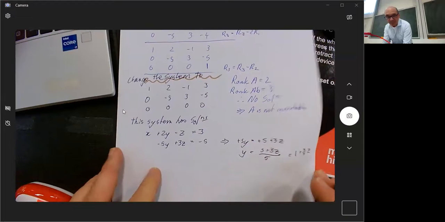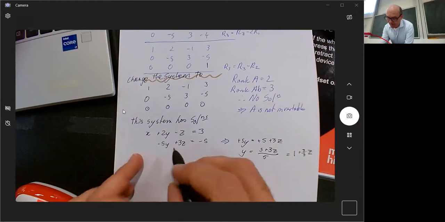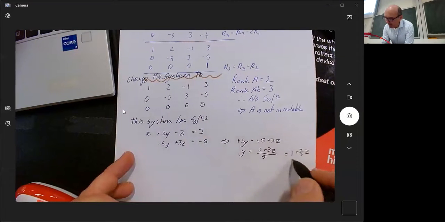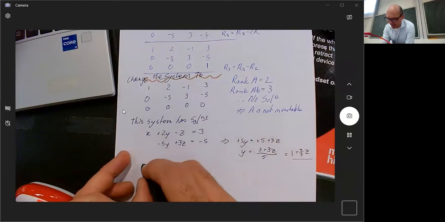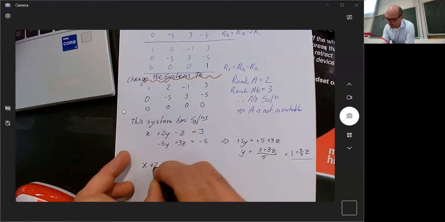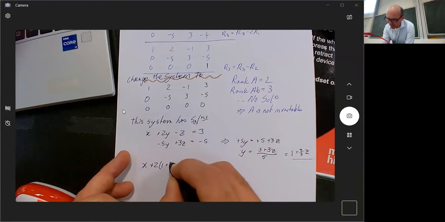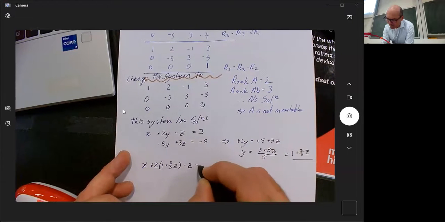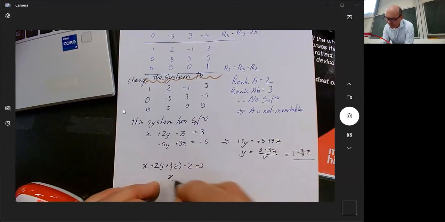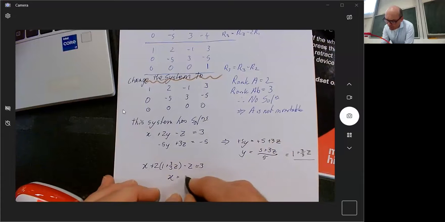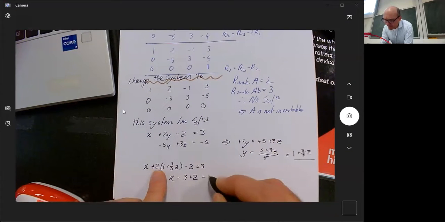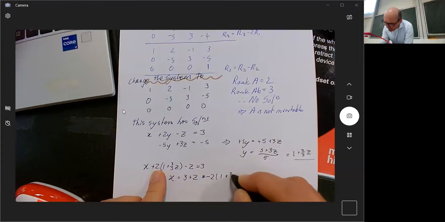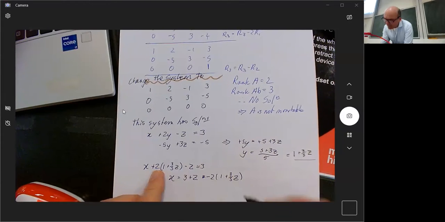Now I've got a value for y in terms of z. So x plus 2 by (1 plus 3 on 5 z) minus z is equal to 3. So x is equal to 3 plus z plus minus 2 by (1 plus 3 on 5 z).